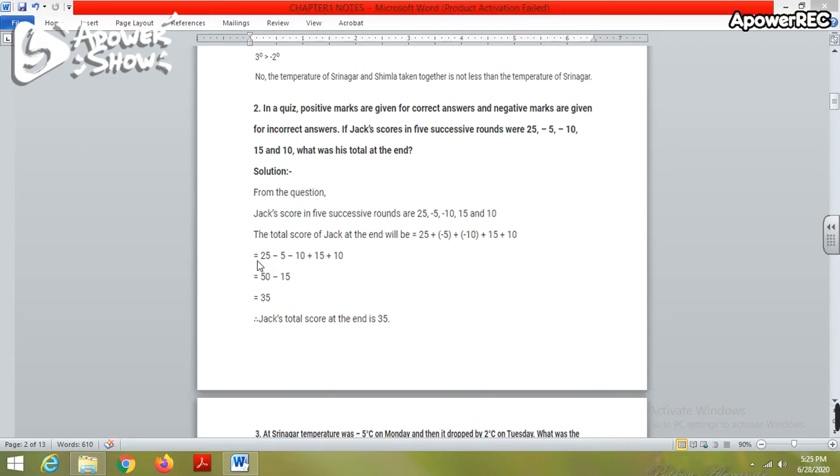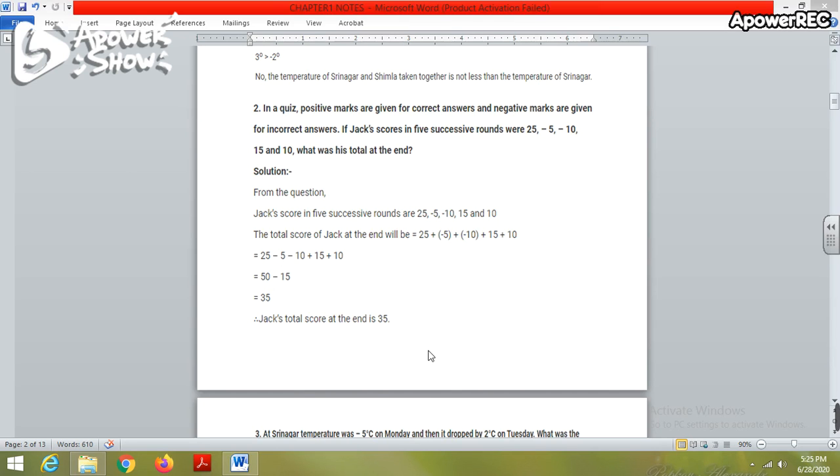Now just add all the positive integers. So 25 plus 15 equals 40 and 40 plus 10 equals 50. Now add the negative integers. -5 -10 equals -15 and 50 minus 15 equals 35. So Jack's total score at the end is 35.